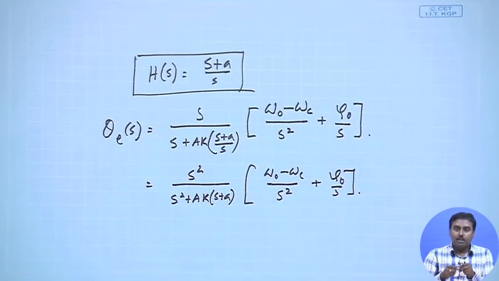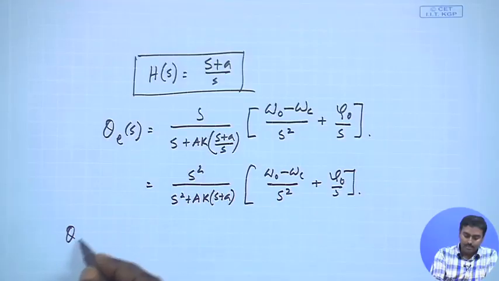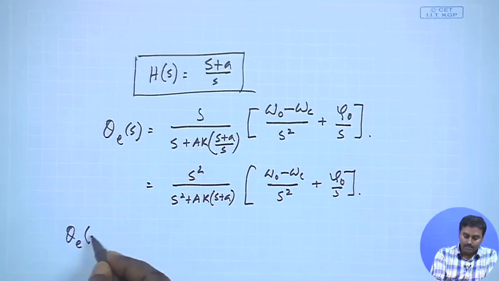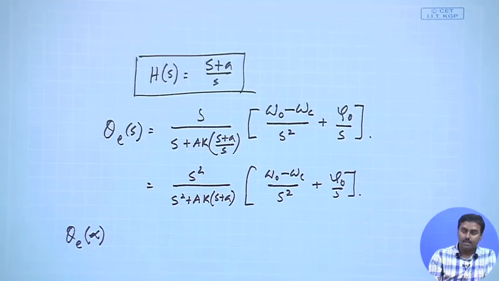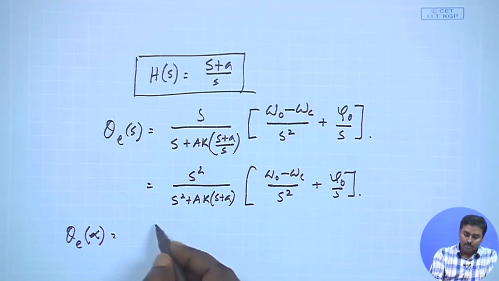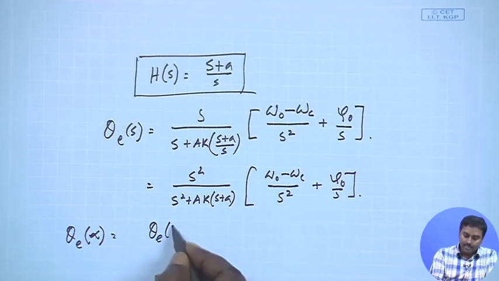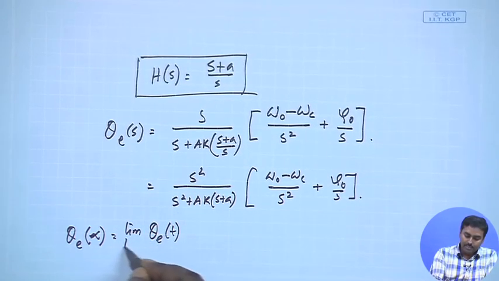And most of you have learned the Laplace transform in network theory, you might have learned the final value theorem. Suppose I want to evaluate theta_e at plus infinity. I can do that by evaluating theta_e(t) and taking the limit t tends to infinity.